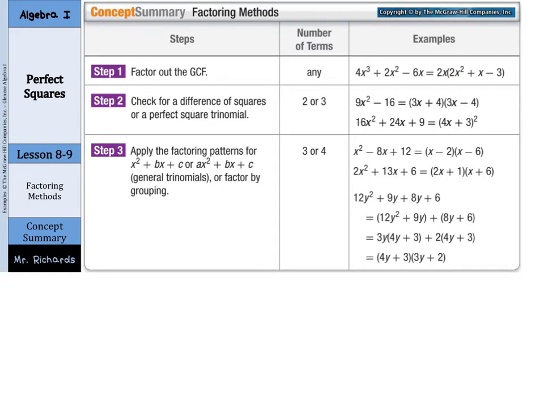You could check for a difference of squares or a perfect square trinomial. And then you can apply factoring patterns or factor by grouping. All the different ways that we have factored polynomials in this chapter. Now, if no pattern fits and none of this works, then it might already be a prime polynomial.